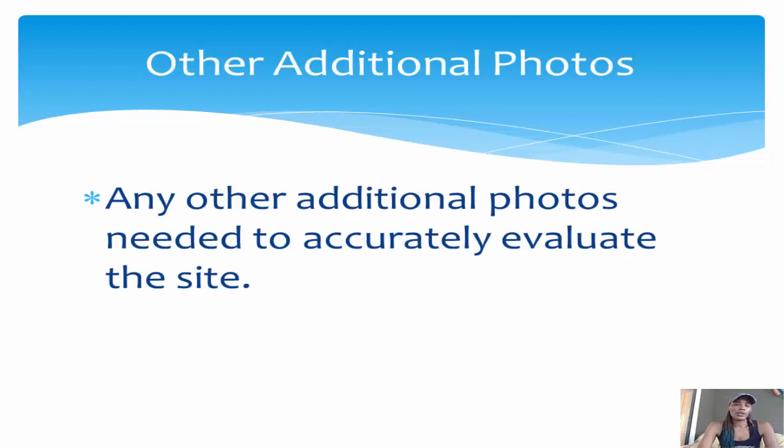Each inspection is going to be different, and we're going to go over a few of those examples within this training so that you can have an idea of what to look for if you receive one of these different types of inspections. But for now, these are your basic photo requirements that are usually required when you're taking commercial property inspections.